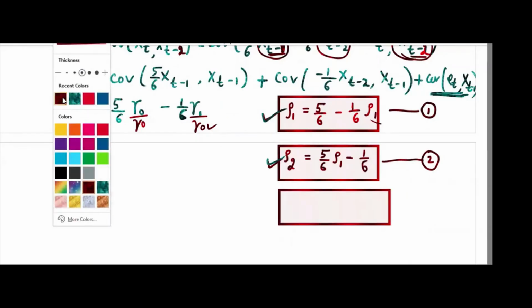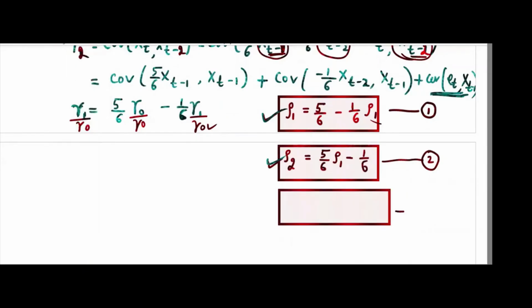This will be my third equation. Rho 3, if you see the trend here: rho naught, that is 1, rho 1, you will get rho 2, minus 1 upon 6 here, 0 there. Okay, 2, 1, 0, 1, 0, minus 1, minus 1 is 1, 3, 2, 1 you will get.